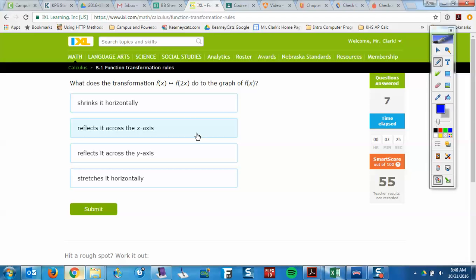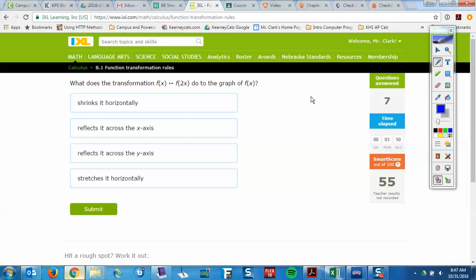Okay, now what happens when you multiply? It stretches or shrinks. Now, same rule applies. If it's on the inside, it's the x, so it's going to be horizontal, right? The x is this way, so it's going to be horizontal, but is it opposite when it's on the inside? What do you think?